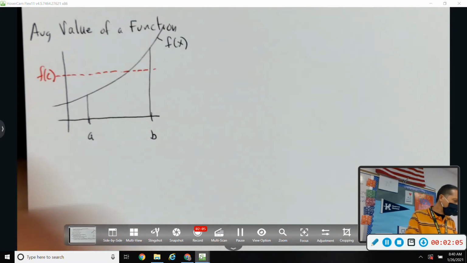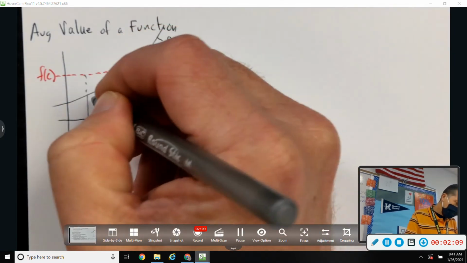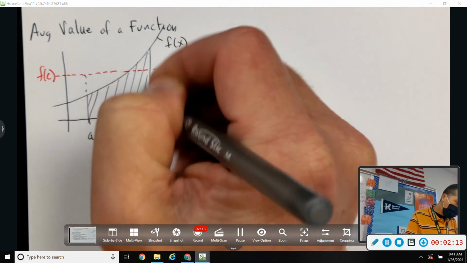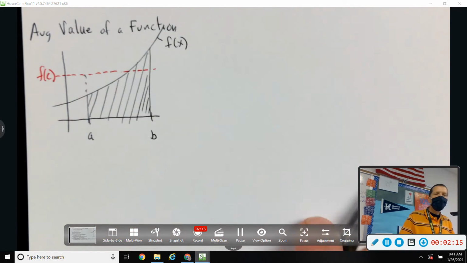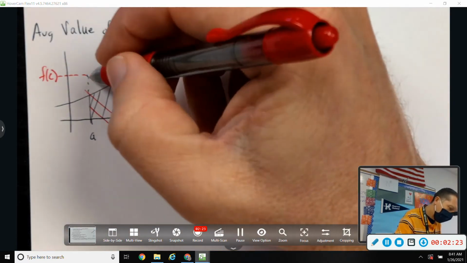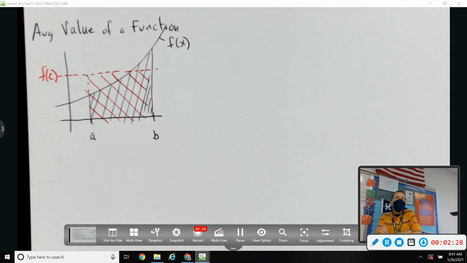If that's the average value, then that height should give me the same area that the black area is. So I want the red area to equal the black area. If the red equals the black, then I've found my average value.